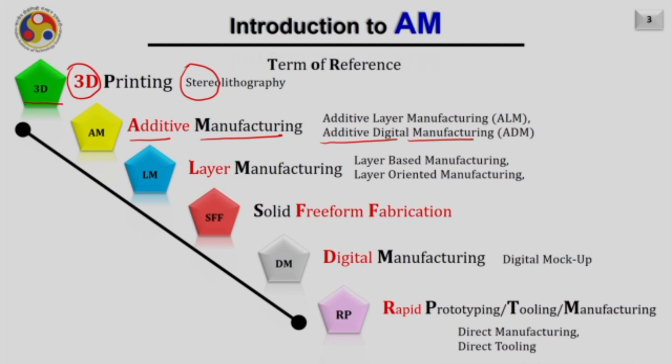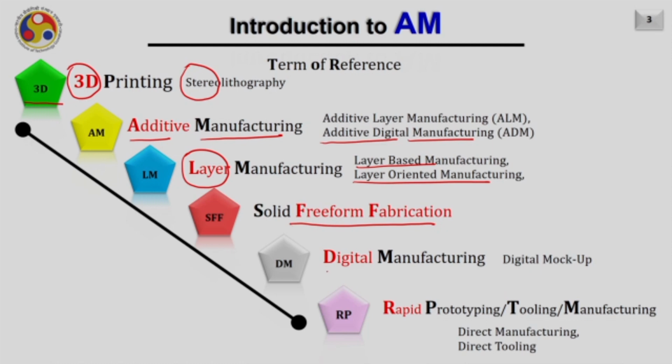The other keyword is layer. When layer is a keyword, the technology is called layered manufacturing, layer based manufacturing, or layer oriented manufacturing. Also, due to the capability of the process of realizing freeform surfaces, the technology is sometimes called solid freeform fabrication.